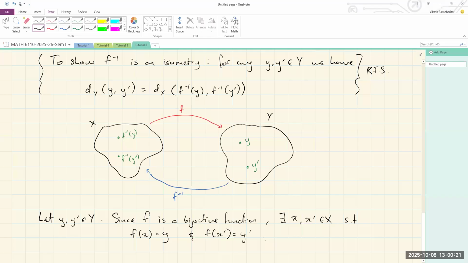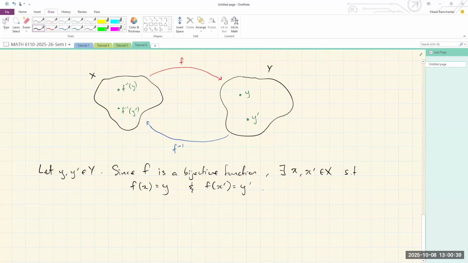Okay, I'm using the idea of it being surjective there, because if a function is surjective and I take two elements in the codomain, that means there exist two elements in the domain which map onto them. That's what surjective means. Everything in the codomain gets hit by something in the domain.